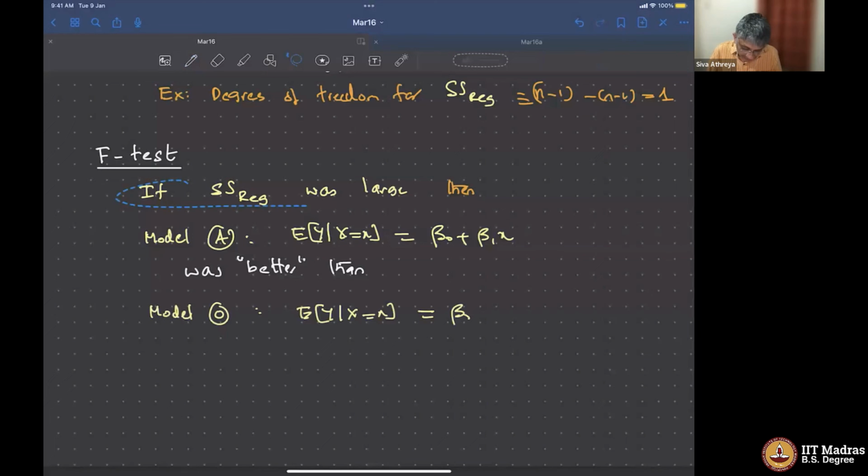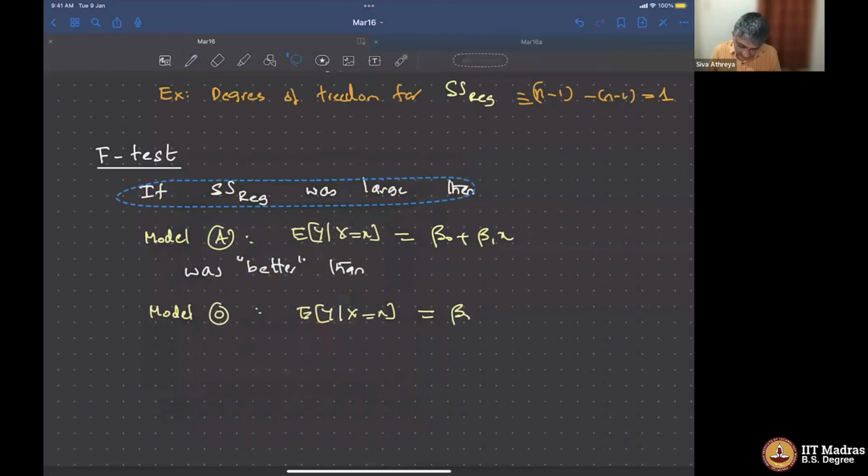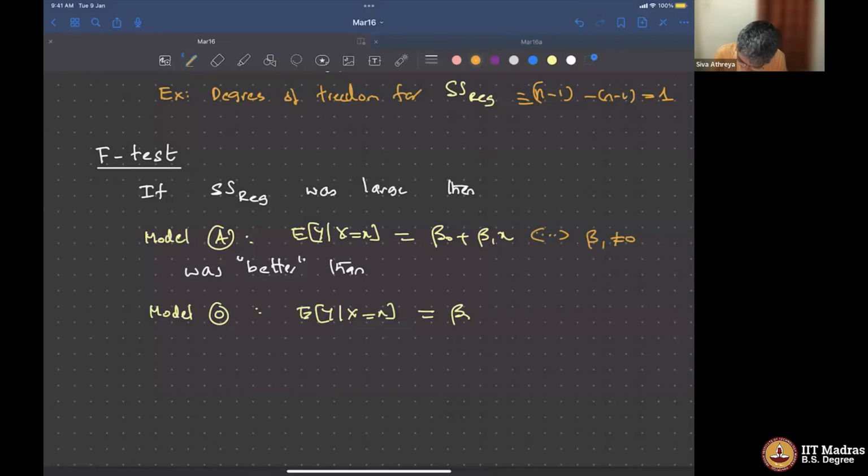So that's intuitively clear, right? If it was larger, this is what happens. The regression showed significant improvement. This is equivalent to saying beta 1 is not equal to 0. In the second model, beta 1 is equal to 0.